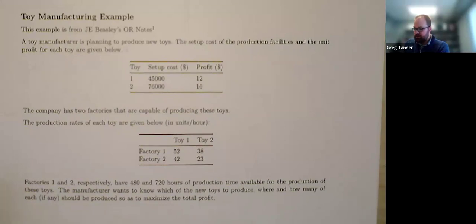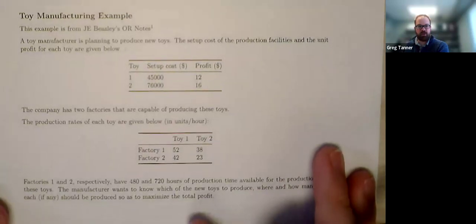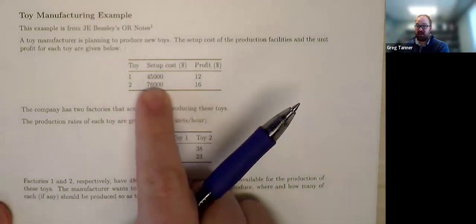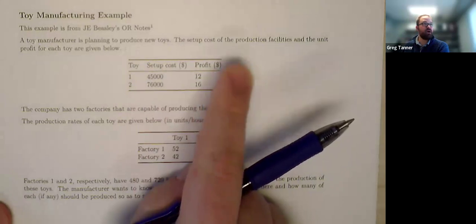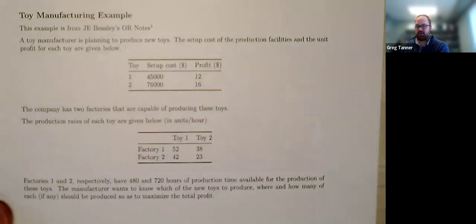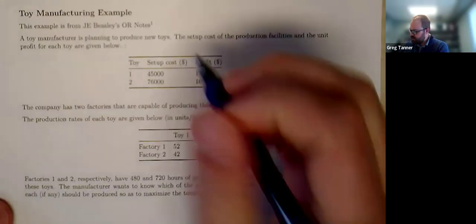Okay. So we've got a toy manufacturer wanting to produce toys. We see that we've got setup cost and then also a profit. I guess this should actually be profit per toy, in dollars per toy. Let's give some names to the parameters in this problem.